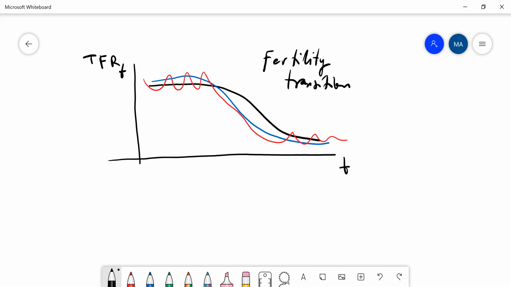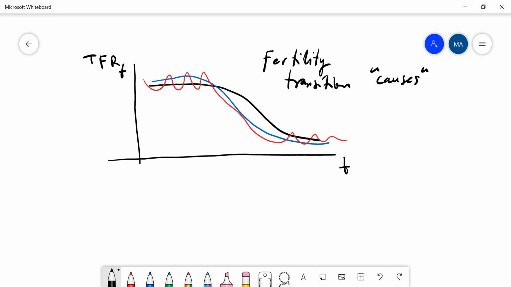There are many different causes of fertility transition that we will discuss. So keep that in mind. We're going to come back to the fertility transition and understand why fertility decreases in a country when it gets richer and richer.